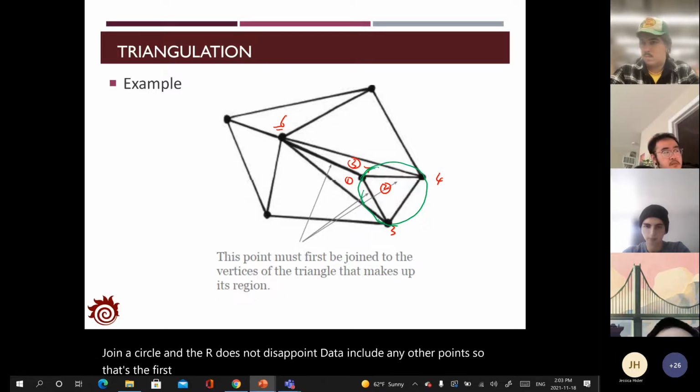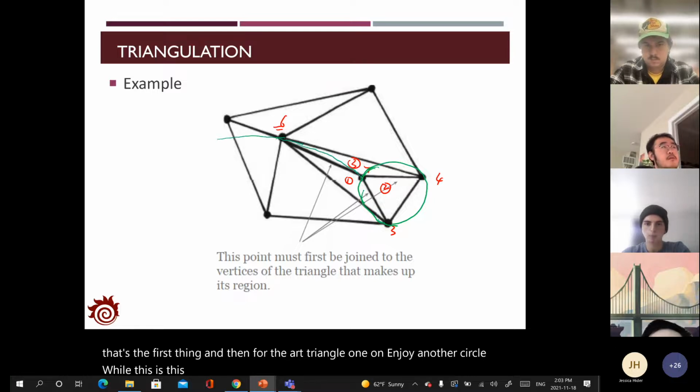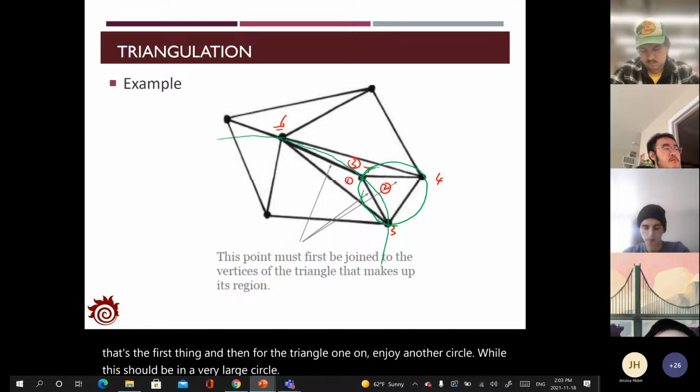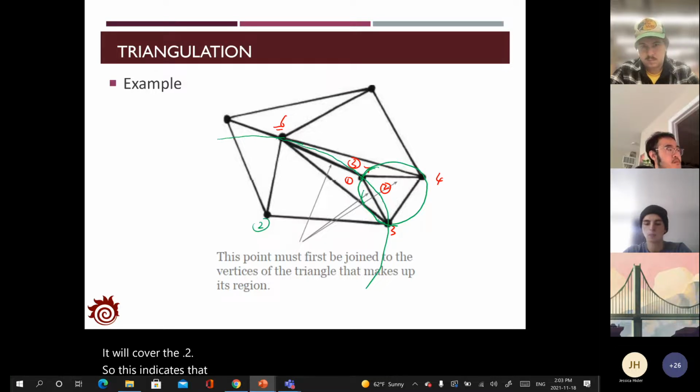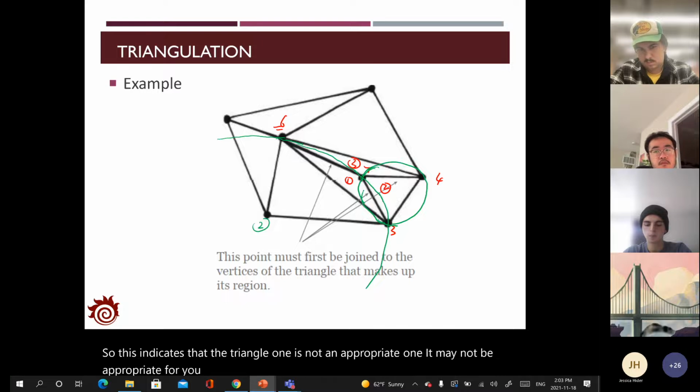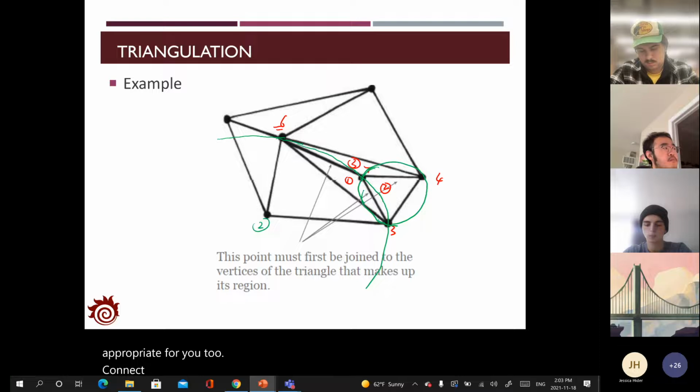And then for the triangle 1, you draw another circle. Well, this should be a very large circle, and definitely it will cover the point 2. So this indicates that the triangle 1 is not an appropriate one. It may not be appropriate for you to connect 7 to 6 and 3.